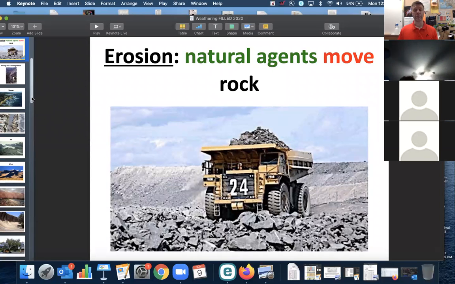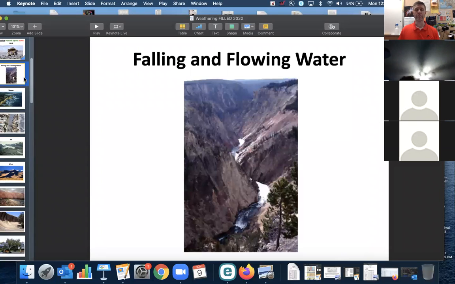As far as the different agents that move that material, that rock, that soil, that sediment, water is the biggest one. Be it rainwater, be it falling, flowing. So falling water, so we have both rain and then waterfall, that type of thing.